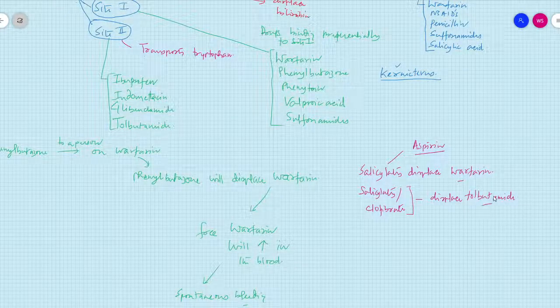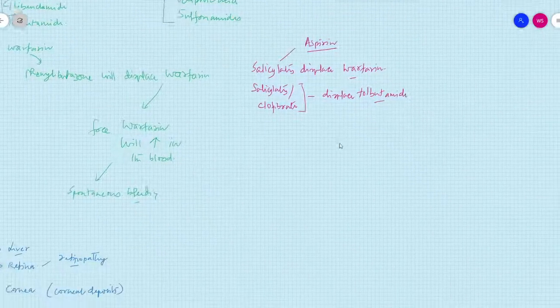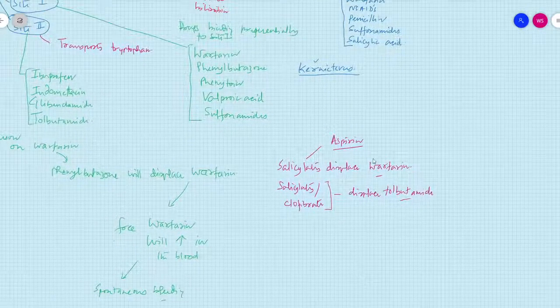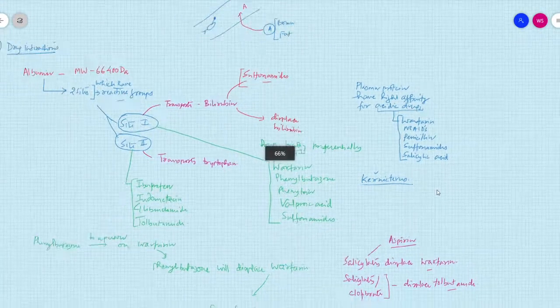If they displace tolbutamide, what's going to happen? Increased free tolbutamide would be available, and that can cause hypoglycemia. So there can be that consequence. Those would be some of the more important examples, and it is useful to remember these examples.